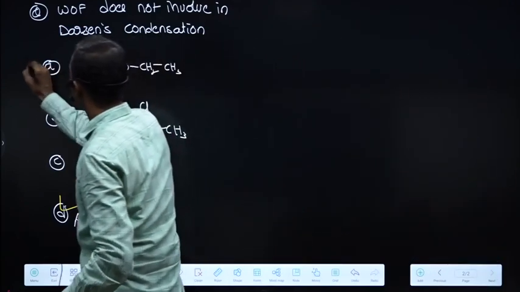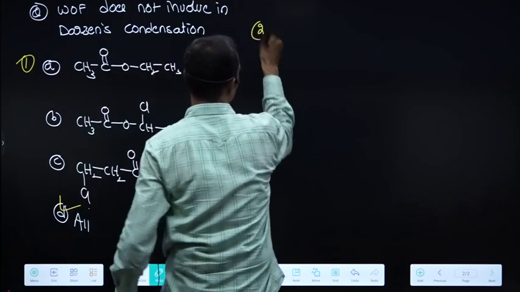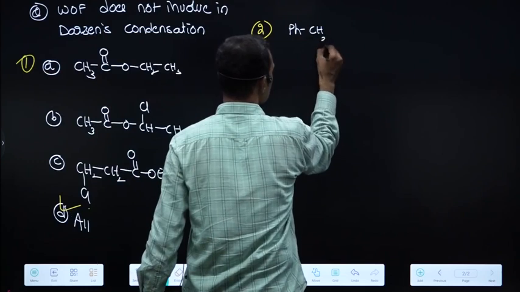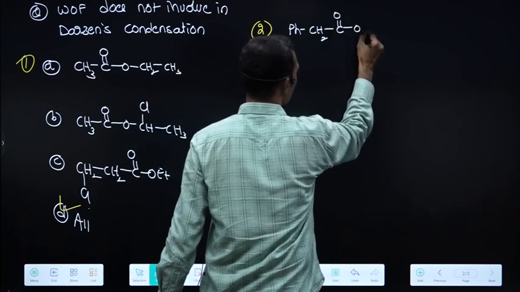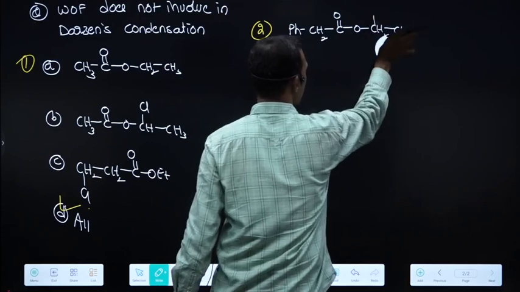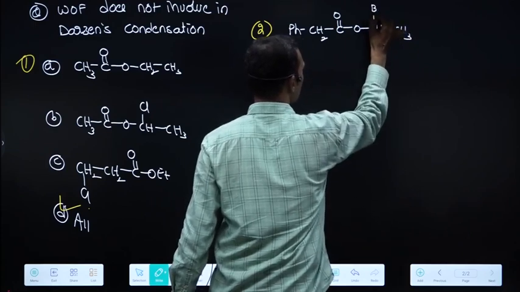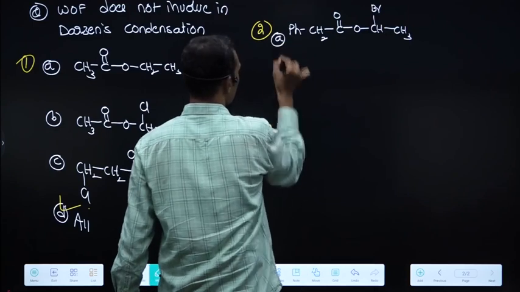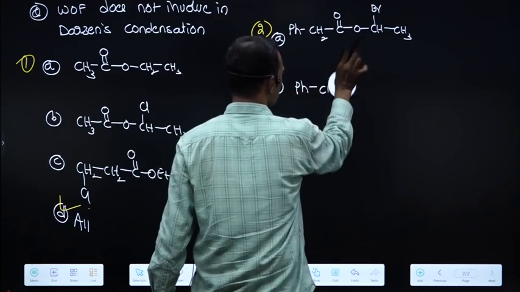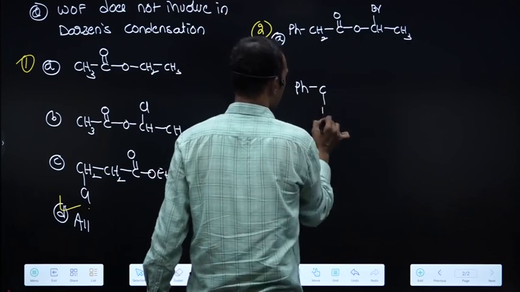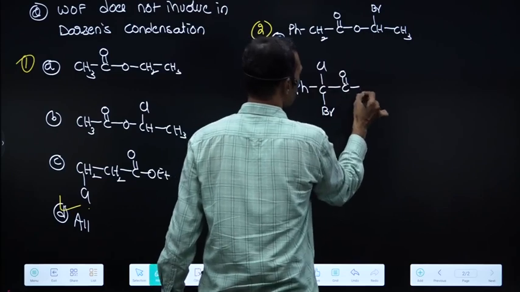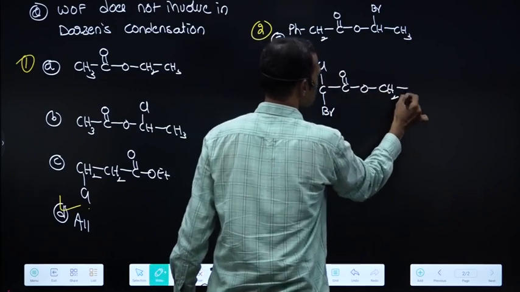Same question repeated. Here this is CH2 C double bond O CH2CH3. This is bromine. Option A. Option B: here there is a presence of bromine, chlorine, C double bond O, CH2, CH3.